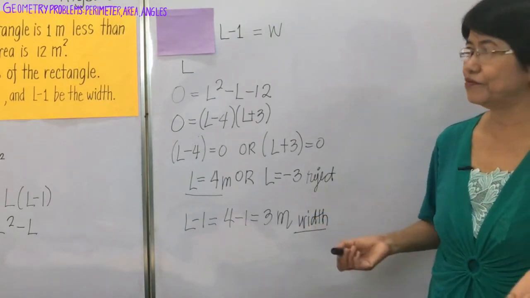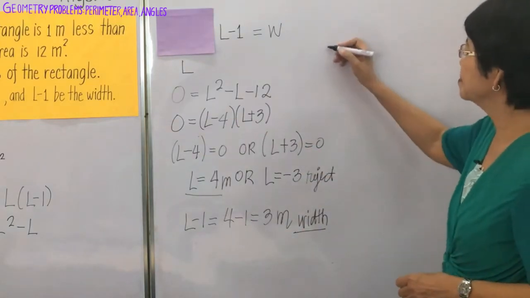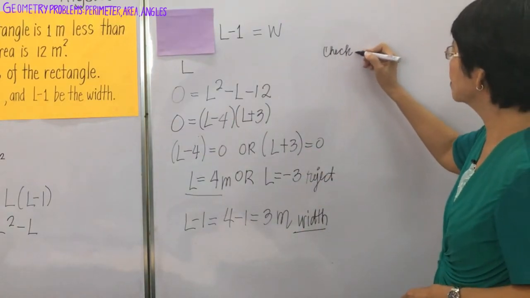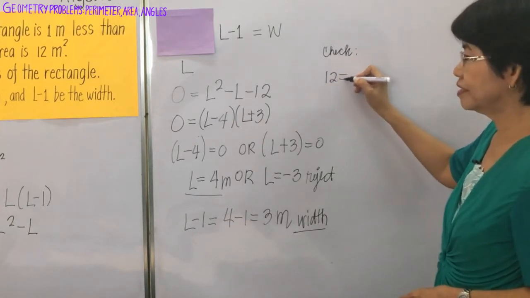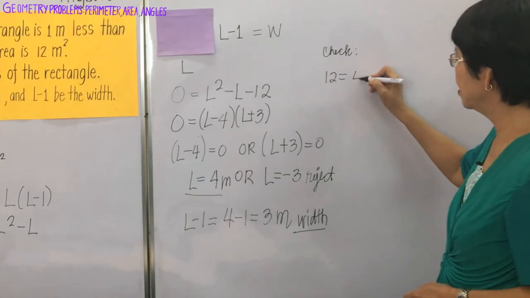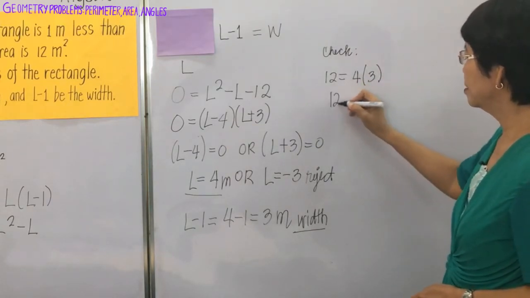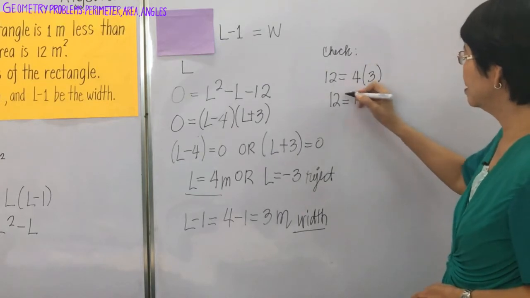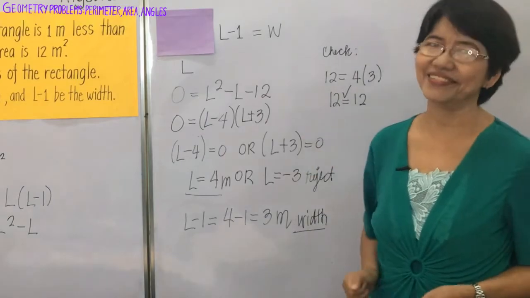And then if we check that, we have the equation: 12 equals length 4 times width 3. 12 equals 12. We got the correct answer.